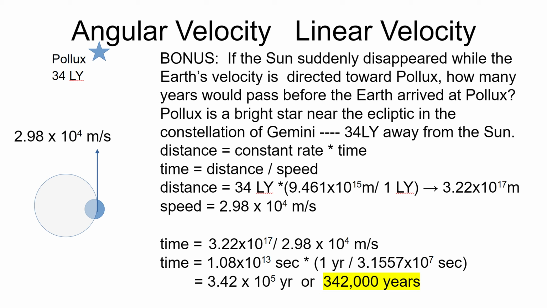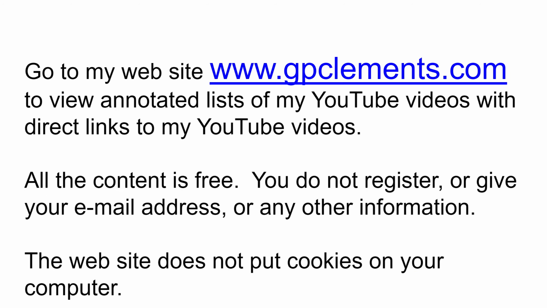Distances between stars are tremendous, and our technology now for rockets does not involve warp drive of Star Trek fame. It's not feasible with our current propulsion technology. So 342,000 years for the Earth to fly off and get near this star Pollux.